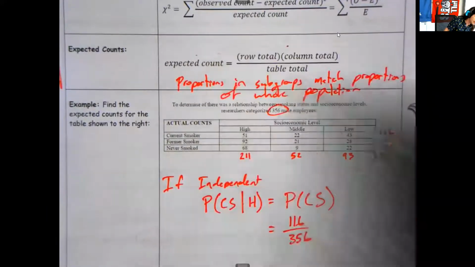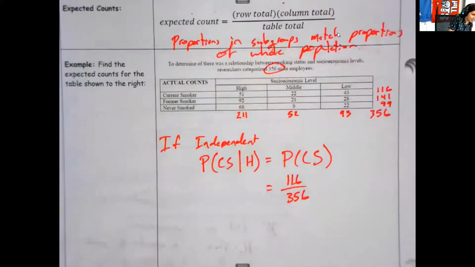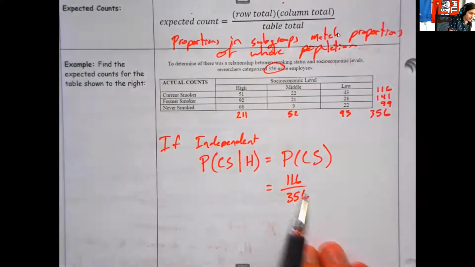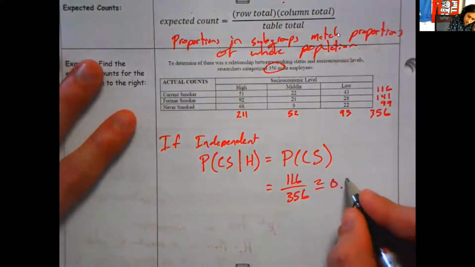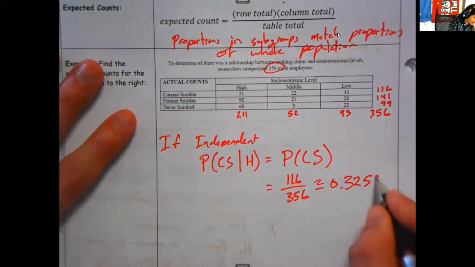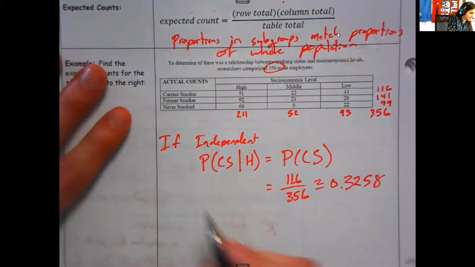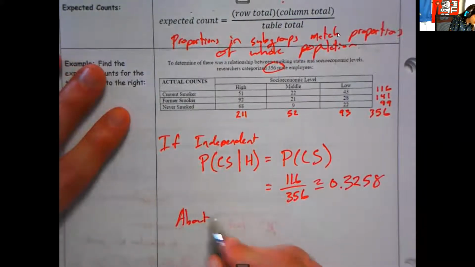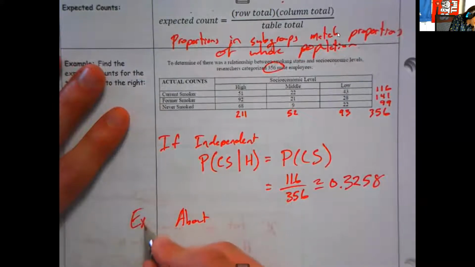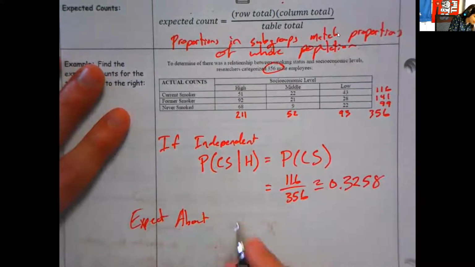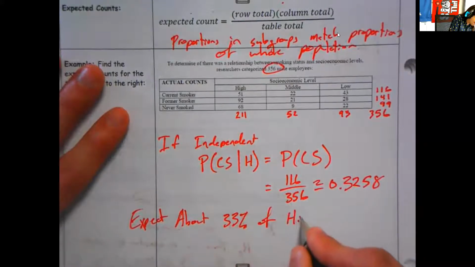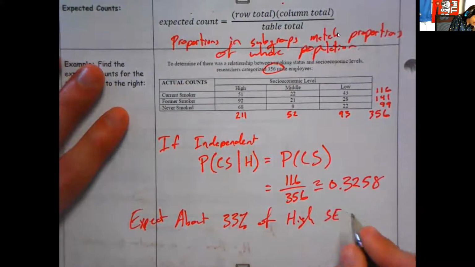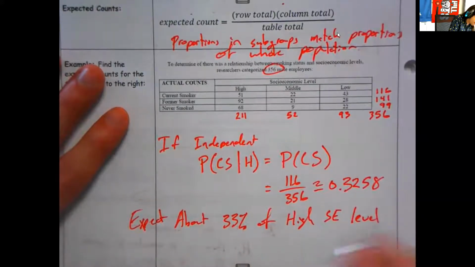All right, so that's the idea. If they're independent, those are equal. That is, we'd have about 0.3258. If they're independent, we would expect about 33% of high socioeconomic level folks to be smokers.